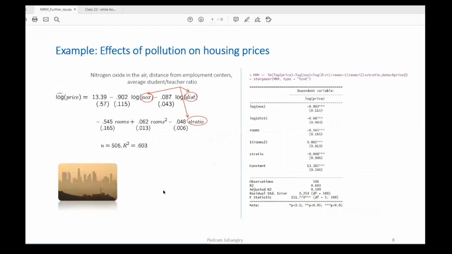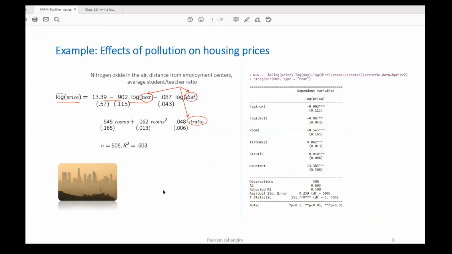Okay, now let's look at this example. We are regressing log price on log NOx. NOx is basically nitrogen oxide in the air. So it's a proxy for pollution. The more polluted area, what happened to the price? You expect to see a lower price, right? It's not surprising.